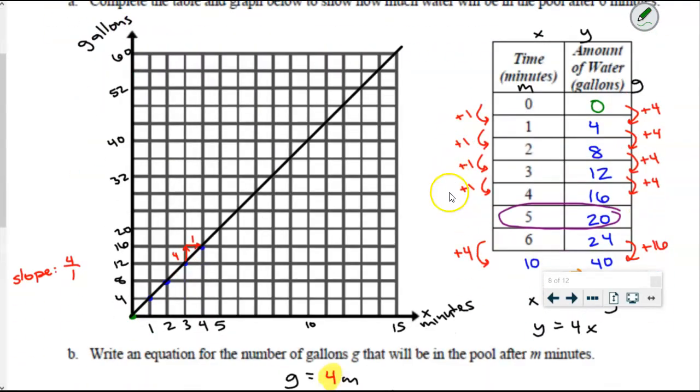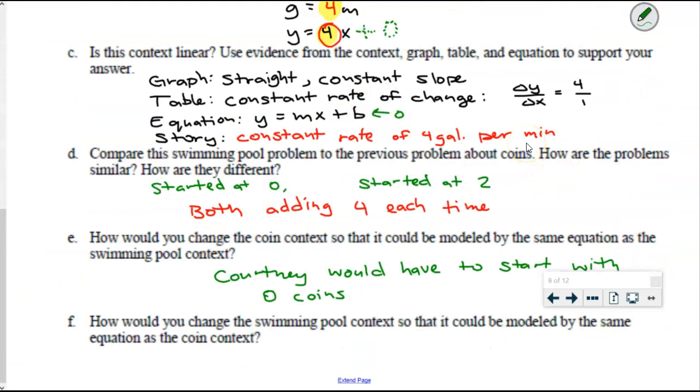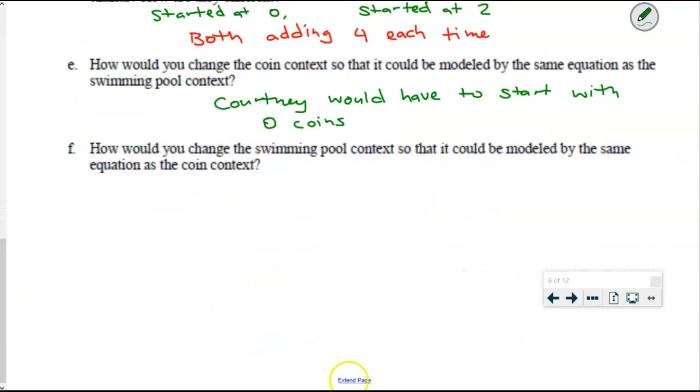It's not empty yet. There's 2 gallons in it. Jack's pool is not empty. Jack has 2 gallons in his pool. All right, let's move on to the next one.